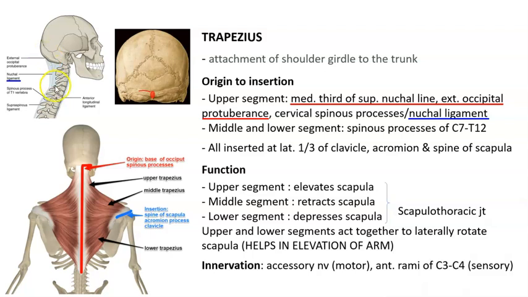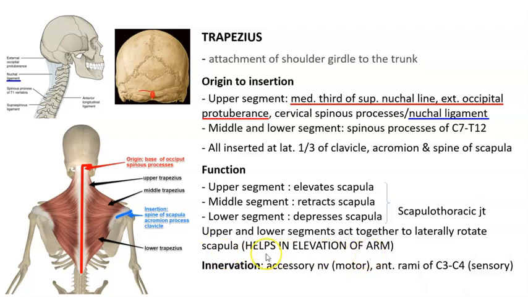So this is the origin of the upper segment. The middle segment and lower segment are from spinous process of C7 to T12, and all insert to lateral 1/3 of clavicle, acromion, and spine of scapula.